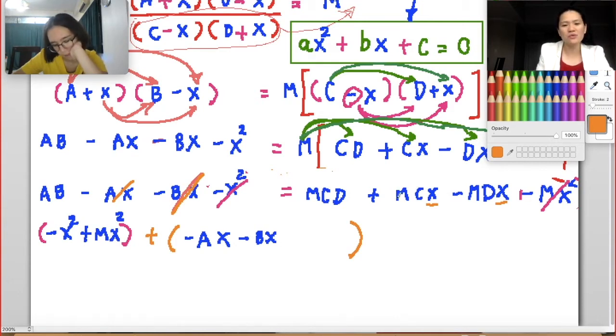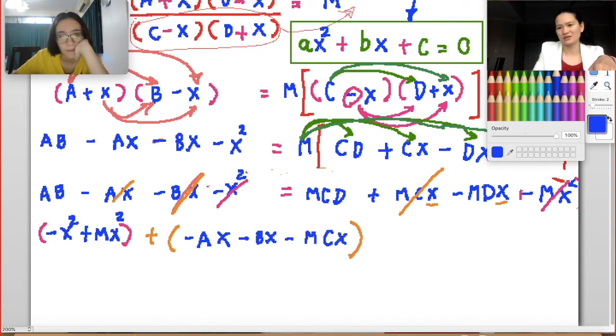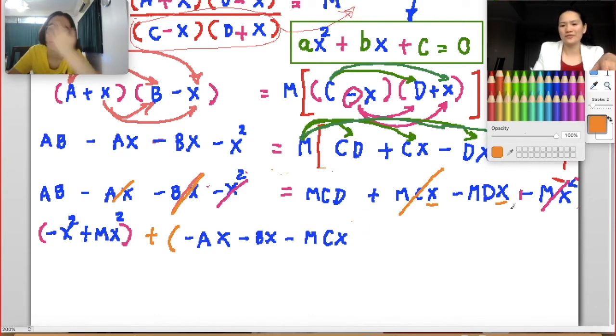So I move positive MCX to another side of the equation. Positive turns to be negative. Then I move negative MDX to another side of the equation as well.